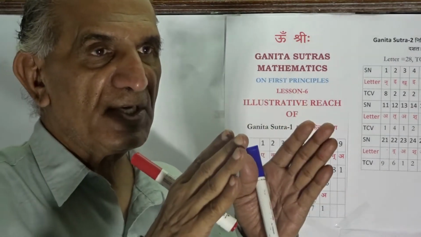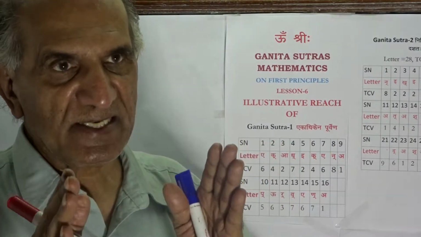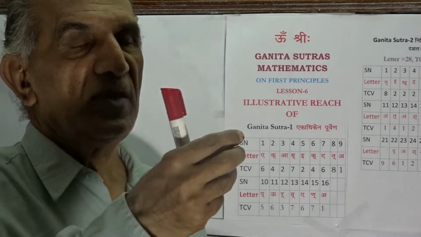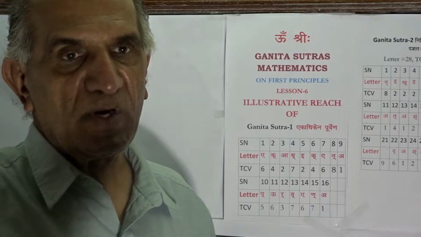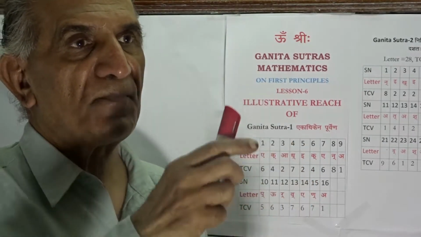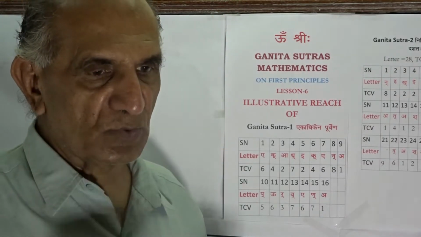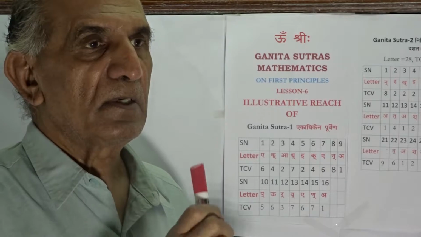The organization of these 16 letters will sequentially unfold from within for a reach up to the entire range of Ganita Sutra 1 to Ganita Sutra 16.